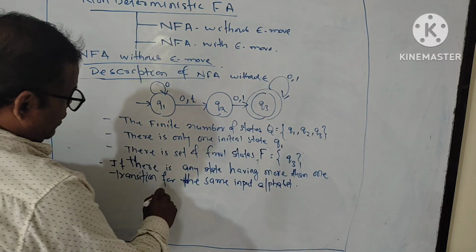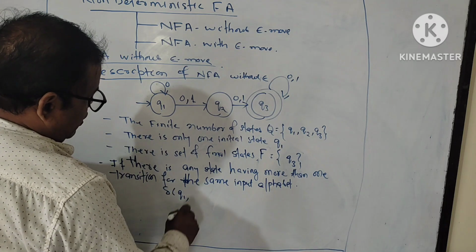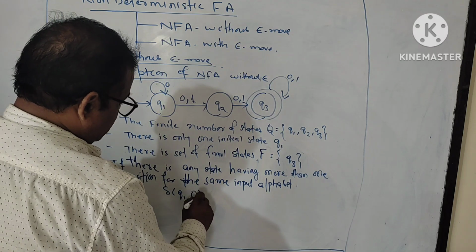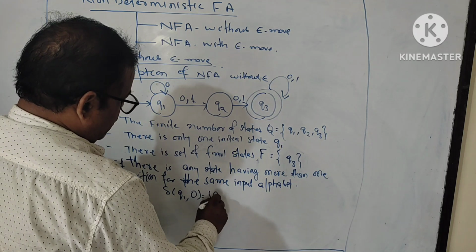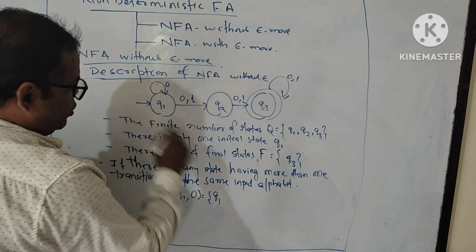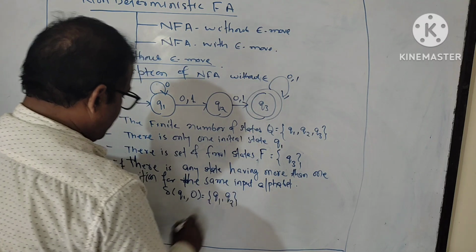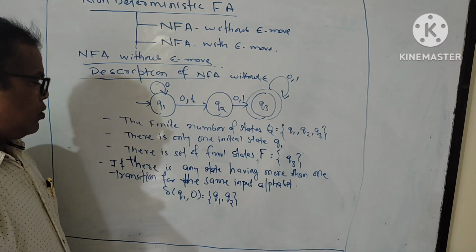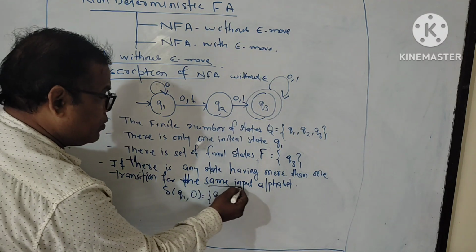Let us take an example here. You can see that if you are at the state Q1, on input 0, it is going to the state Q1 as well as Q2. If there is any state having more than one transition for the same input alphabet.